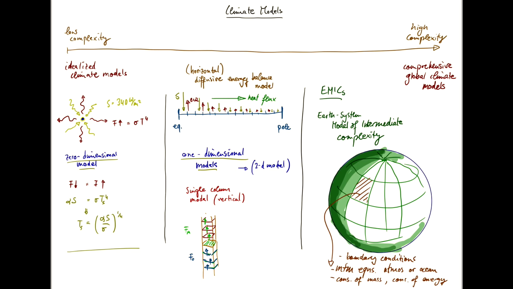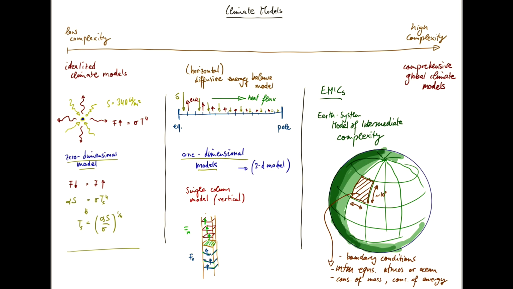Now, what makes an EMIC different from a comprehensive global climate model is that this resolution is pretty coarse. Here your latitudinal and zonal resolution is typically on the order of something like 10 degrees per grid box.